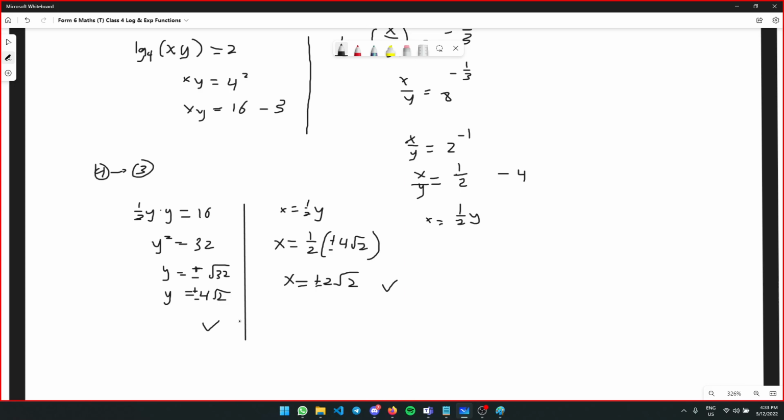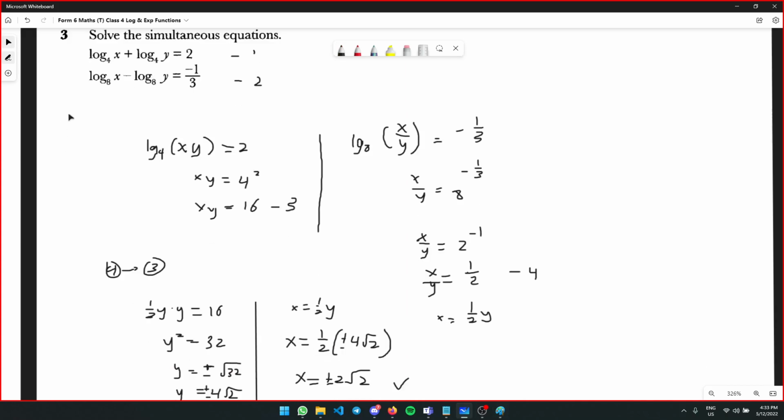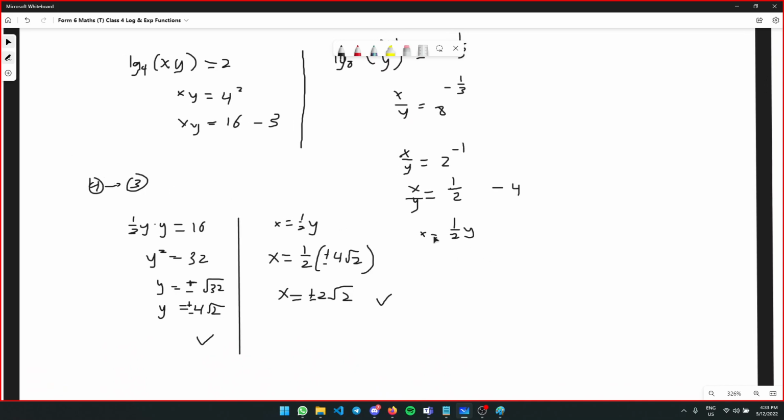So this is how you typically solve simultaneous equations. I know sometimes some people like to do this. Can you scroll down? Sure. Okay, x equals 1 over 2y. I use y equals 2x, but when I substitute, I didn't get that answer. You didn't get the answer. Okay, so you use y equals 2x and substitute into xy equals 16.